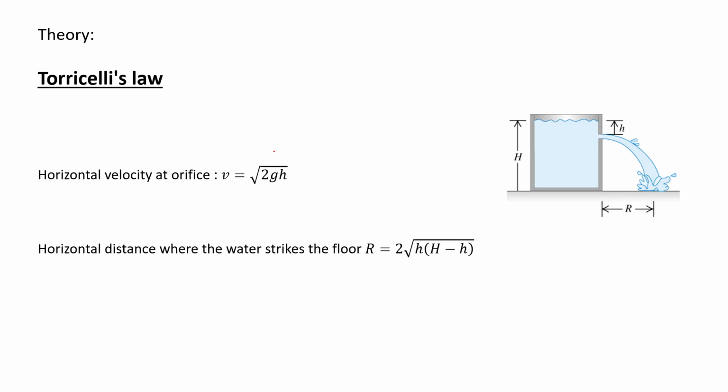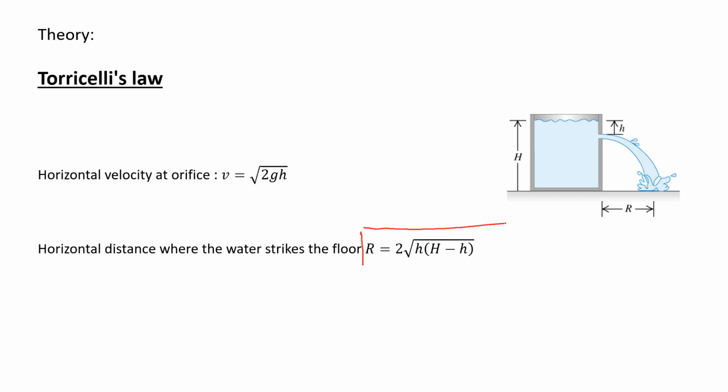You first calculate the horizontal velocity at the orifice, given by v equal to root 2gh, where h, as Priyanka said, is the height of the fluid from the top surface till the orifice. So this gives you the velocity.